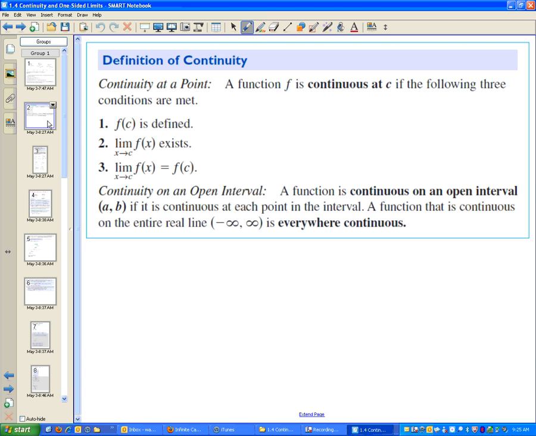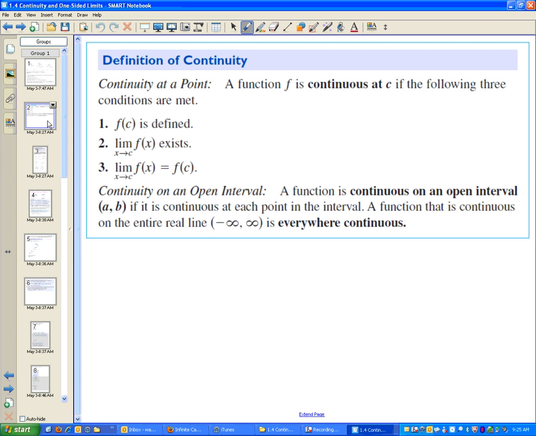All right? The second thing that led to a discontinuity was the limit not existing. So the second condition to be continuous is the limit of f of x as x approaches c exists. Okay? The third thing that we looked at that led to a discontinuity was that the limit didn't equal the value of the function, even though they both existed.